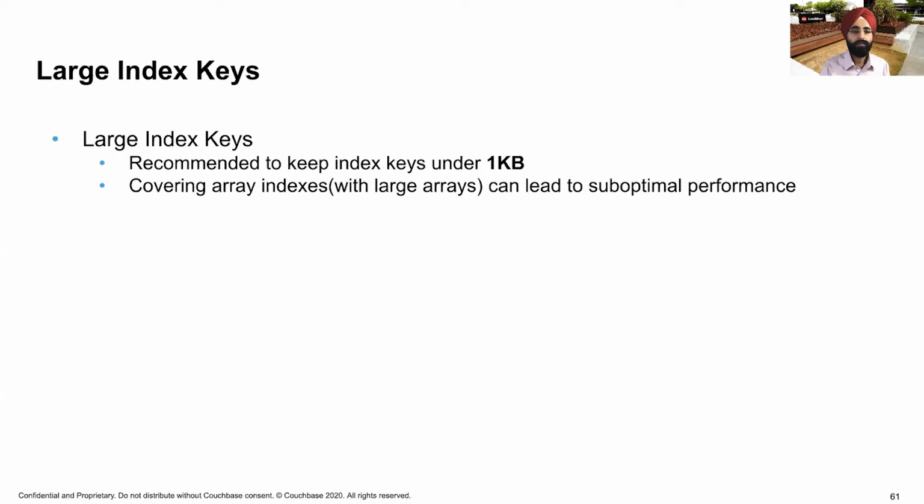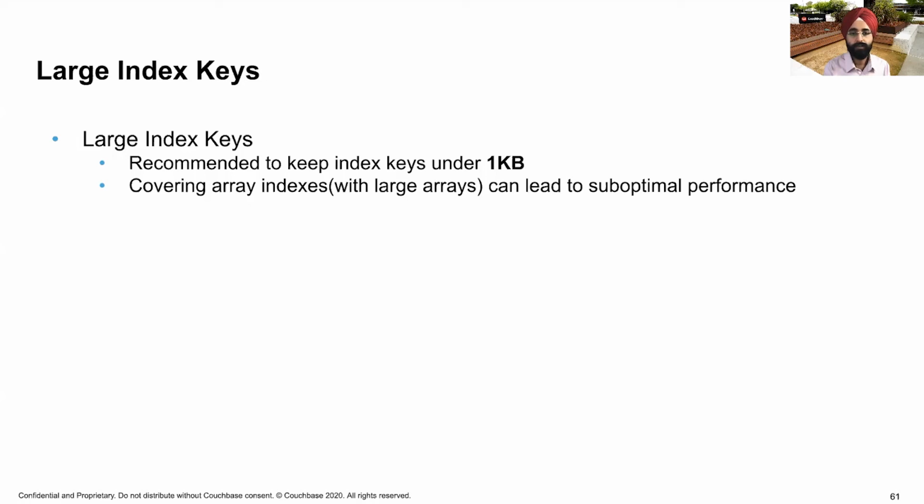Another factor that plays a role in the indexing throughput, or which can saturate the disk IO as well, is the size of the index keys. It is recommended to keep index keys under 1 KB, and larger index keys increase the disk IO, and it causes more memory usage as well.